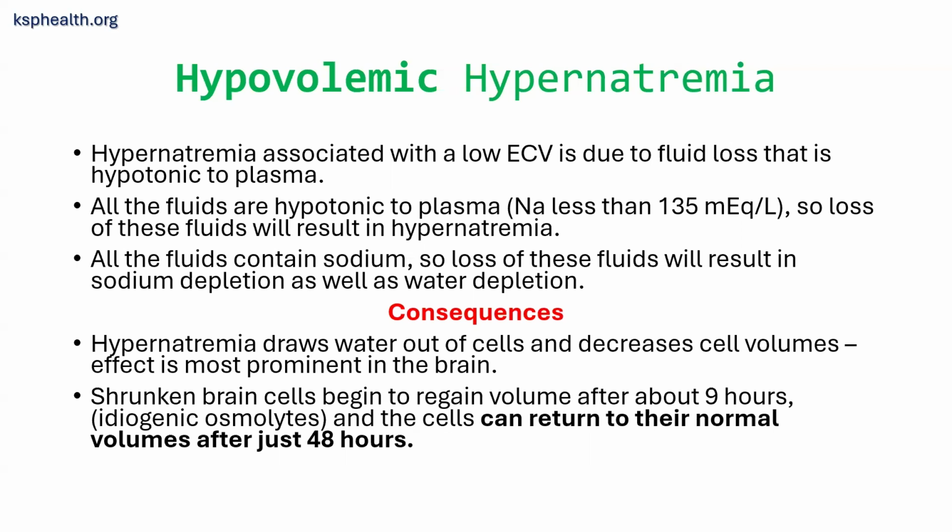The cells can return to their normal state after about 48 hours. At 48 hours, this equilibrium is complete, that means the cells adapt to the shrinking effect of hypernatremia. So 48 hours is the determinant of whether the patient has acute or chronic hypernatremia.